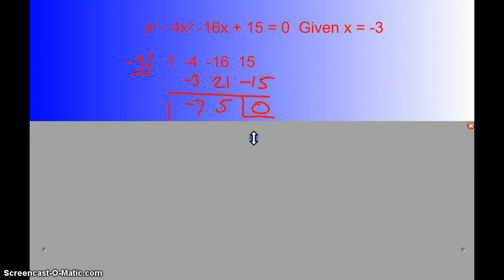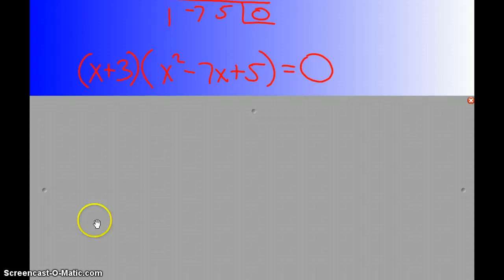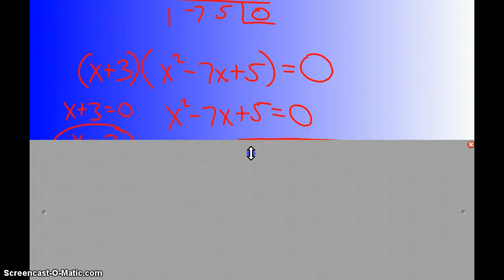We end up with this as our factored form of our cubic, x plus 3 times x squared minus 7x plus 5. Because it's equal to 0, I can write each parenthesis equal to 0 individually. x plus 3 equals 0, x squared minus 7x plus 5 equals 0. Now I've got two equations that I can solve.